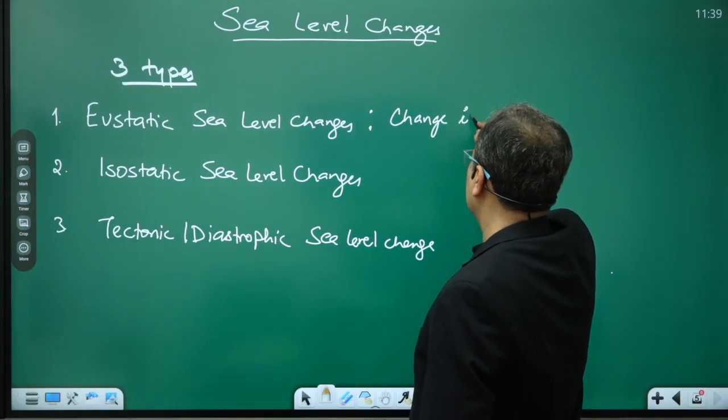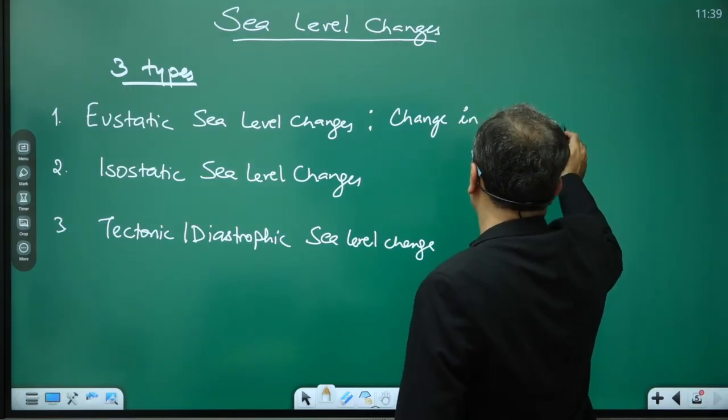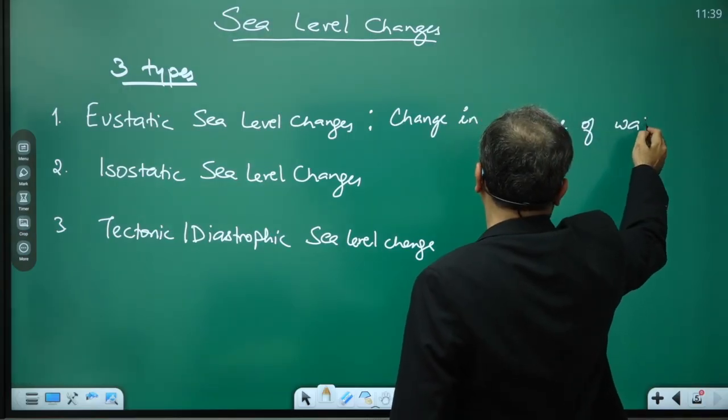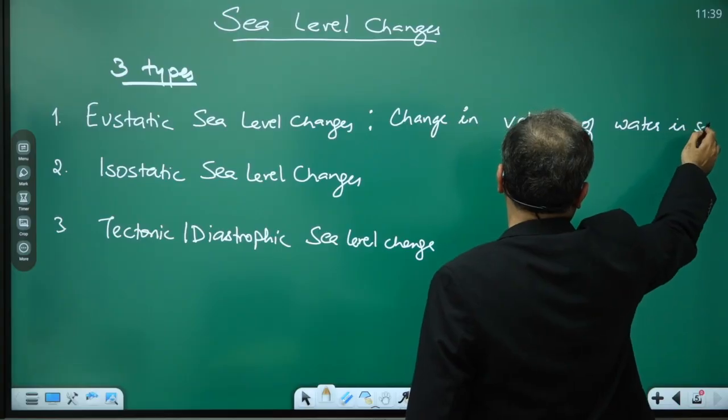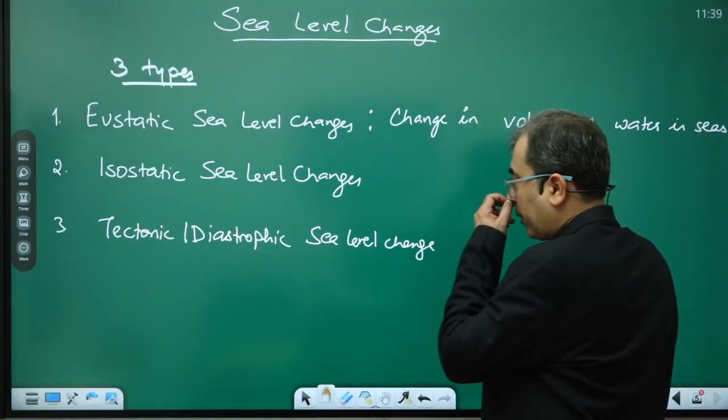Change in volume of water in seas. Tectonic.